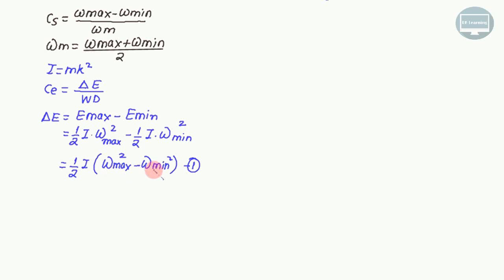Can we write a square minus b square is equal to a plus b into a minus b? So this equals 1 by 2 I omega max plus omega minimum into omega max minus omega minimum.